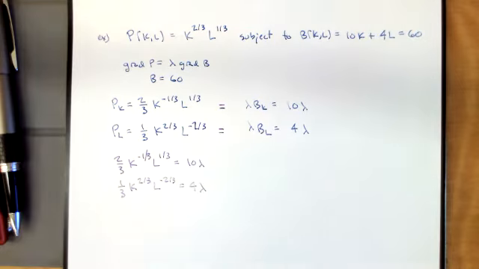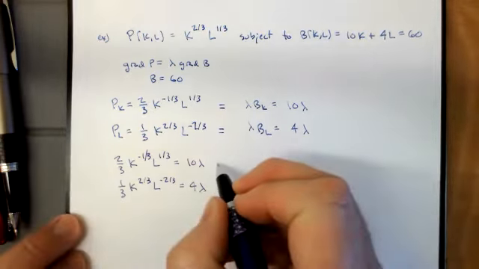I use my three equations to put together my three unknowns, K, L, and lambda. Now we come to the part which is the other reason I chose this problem. Our constraint function is a linear function, and so I can solve for lambda in both of these.